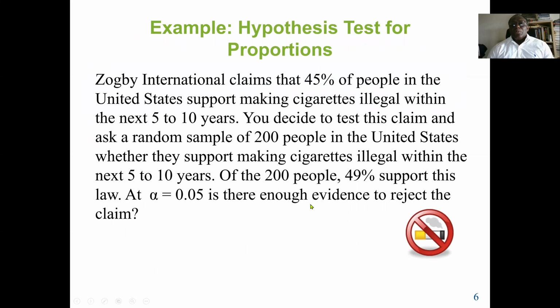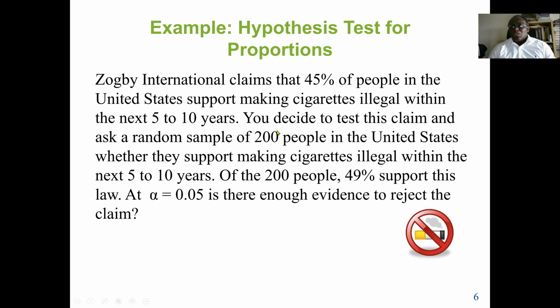So let's see this example. Here we have Zogby International. They claim that 45% of people in the United States support making cigarettes illegal within the next 5 to 10 years. Now, you decided to test this claim, to see if it should be accepted or rejected.